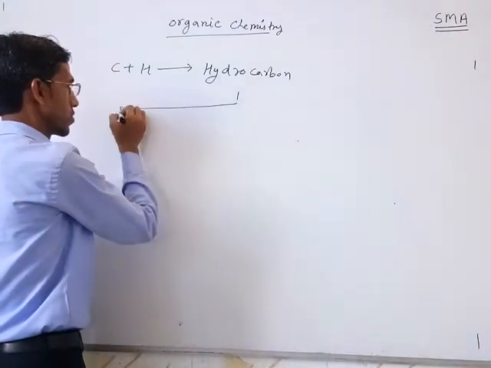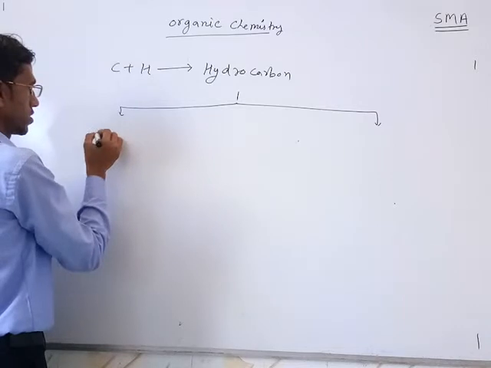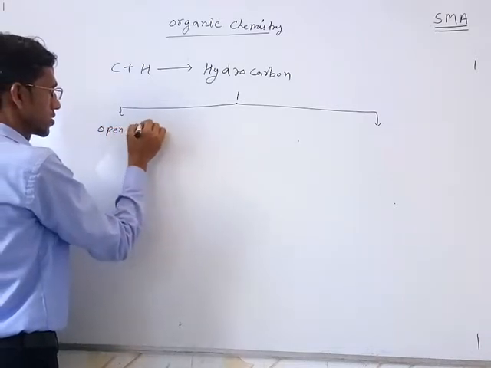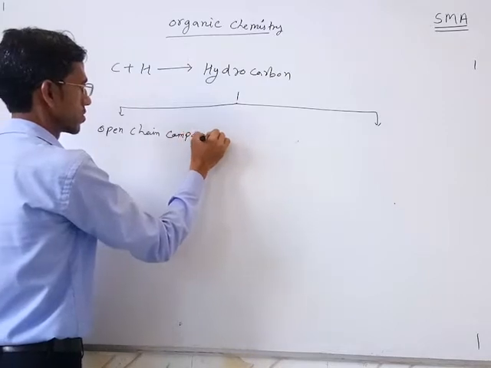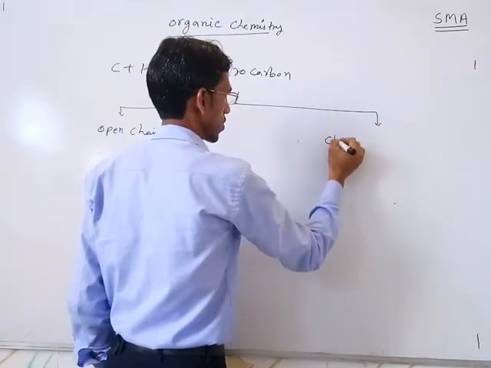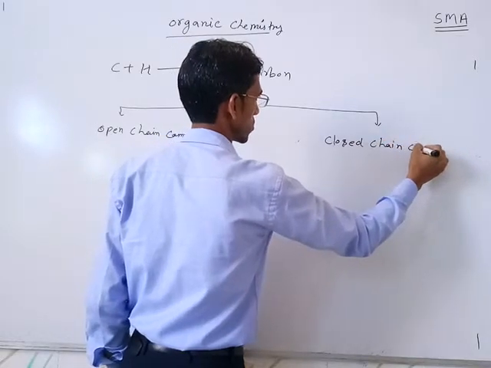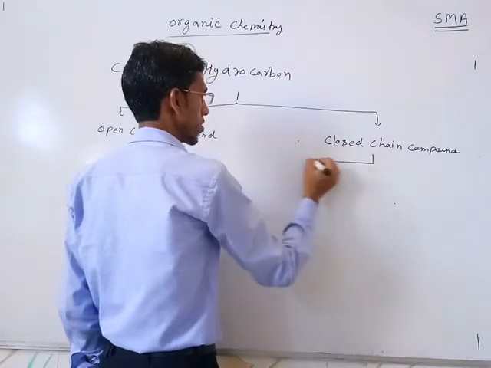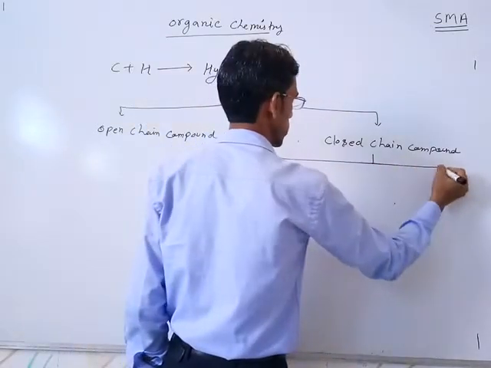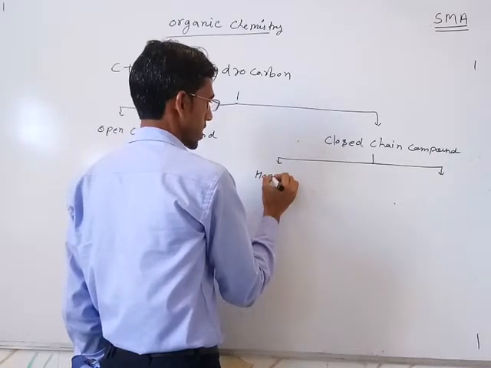Hydrocarbon is divided into two parts. First is the open chain compound. Second is the closed chain compound. Closed chain compound is divided into two parts. First is homocyclic.